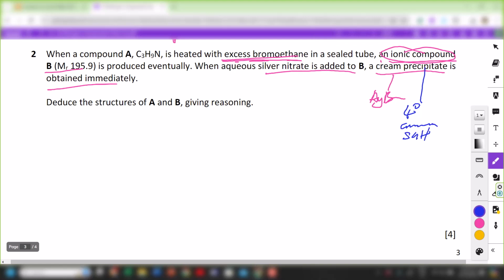Okay, there are many ways to do this question, honestly. I think during tutorials I showed the class a few ways. One way is to draw out all possible compounds with the molecular formula C3H9N. Actually, there are only 3, so it's not too difficult to draw them out, or 3 or 4, depending on how you look at it.